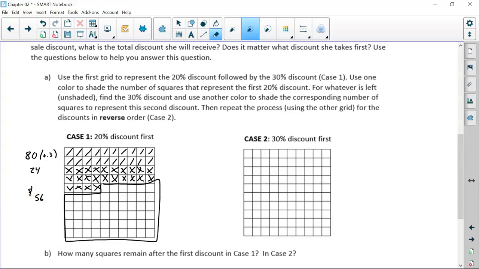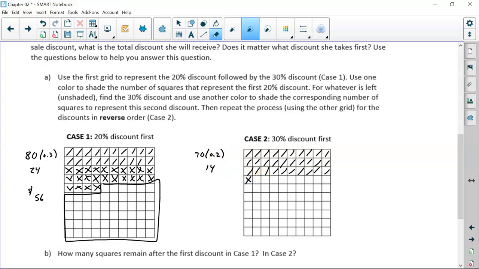Now if we do the 30% discount first, we're taking $30 off right away. Rows of 10 make it a little bit easier to work with. Now we're left with 70 blocks remaining. 70 times 20%, or 0.2, is going to be 14.